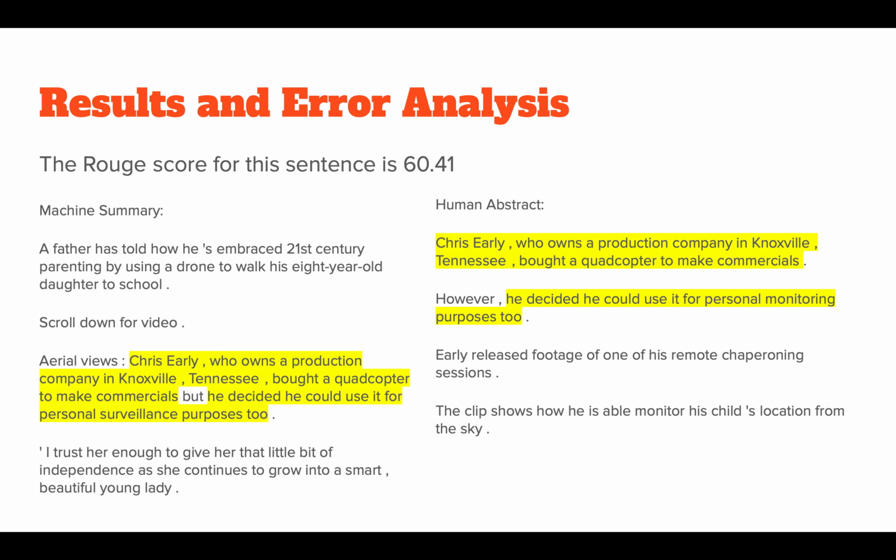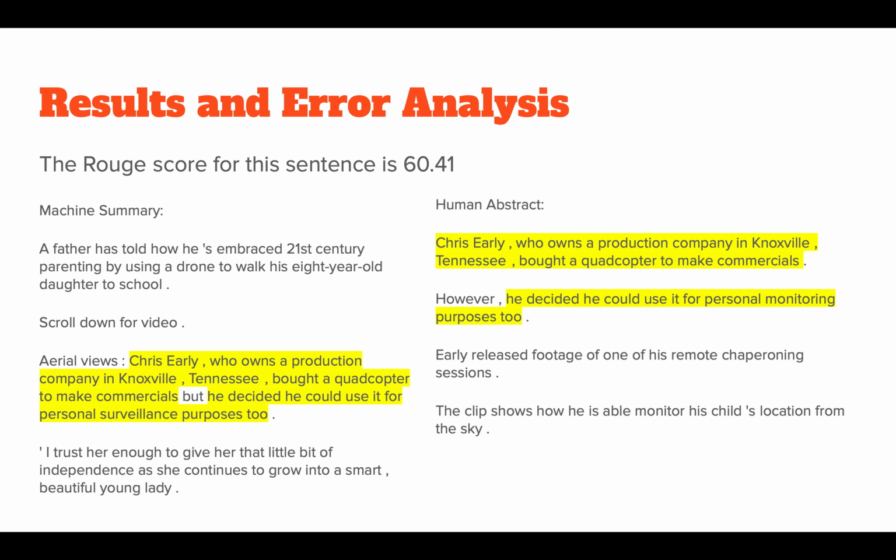So this is one result of our model. The Rouge score for this is 60.41, which is a percentage. For the machine summary, we can find out it can catch the important part of the human abstract, which talks about Chris Early, who bought a quadcopter to make commercials, and he decided he could use it for personal monitoring purposes.